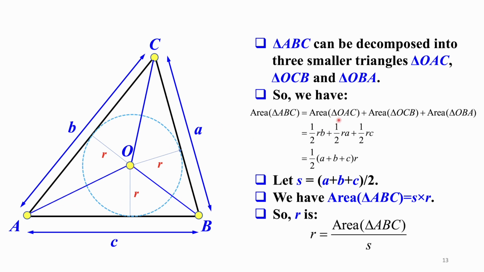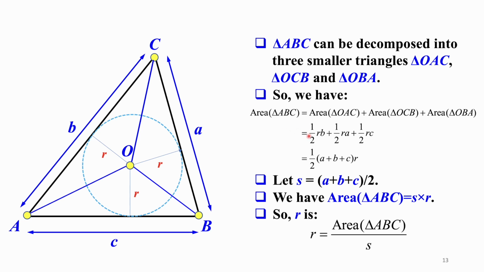Now, the area of triangle OAC is simply half of A times R. The area of OCB is half of R times A. The area of here is the length of C times R, which is exactly the radius of the incircle.